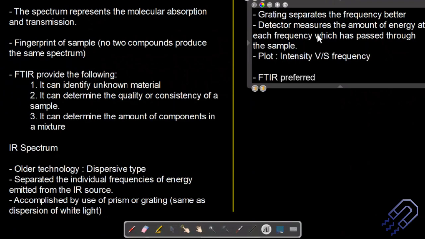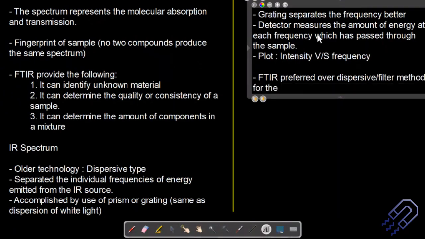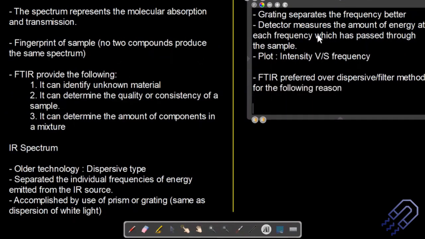FTIR is preferred over the dispersive or filter method for the following reasons. Let me write down some points because of which FTIR provides you better information. Reasons, and let me take them up one by one.